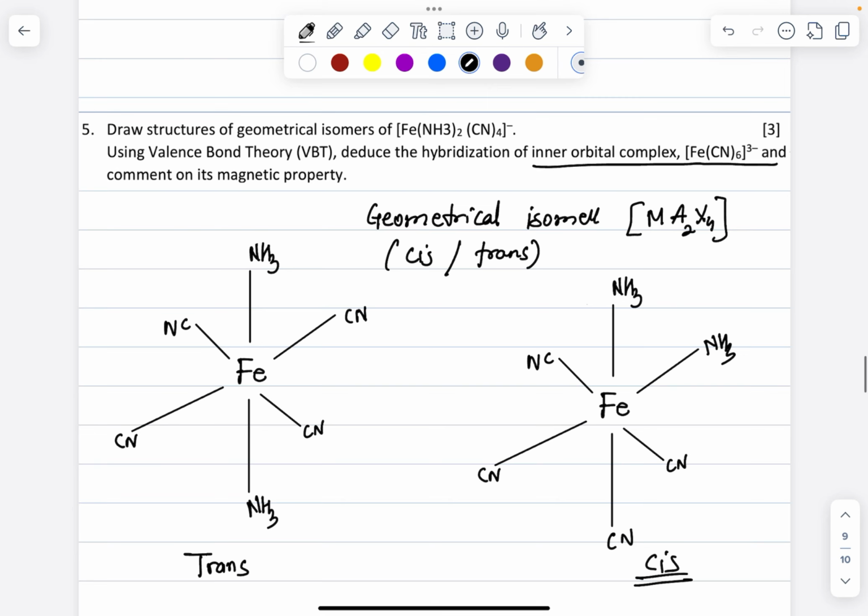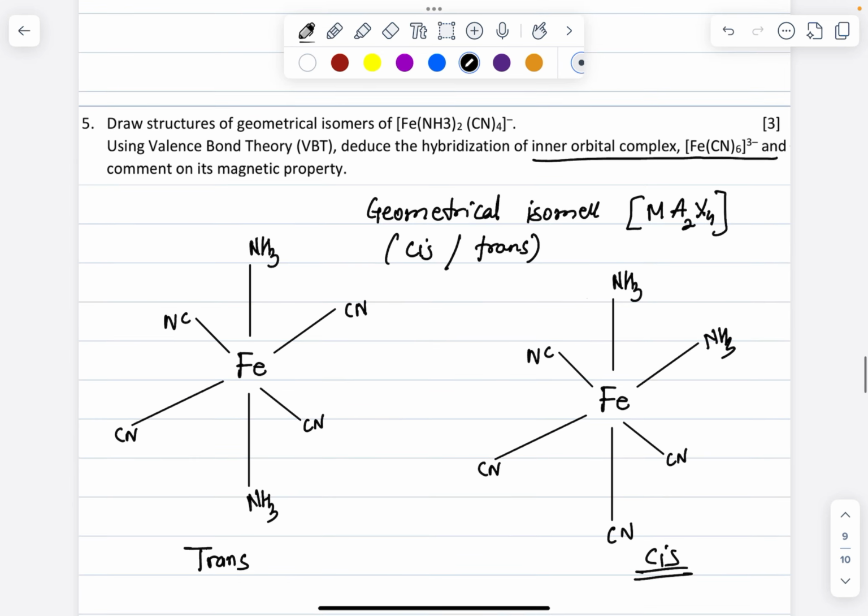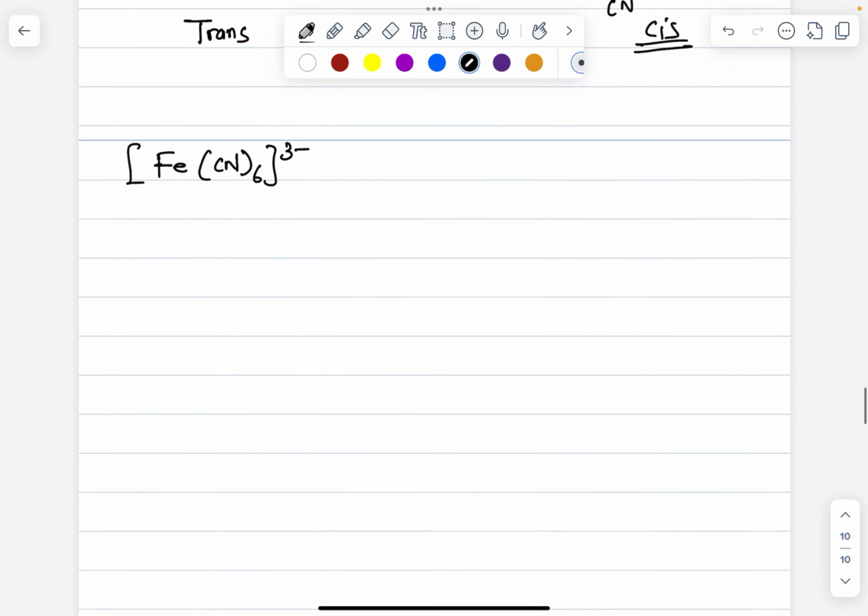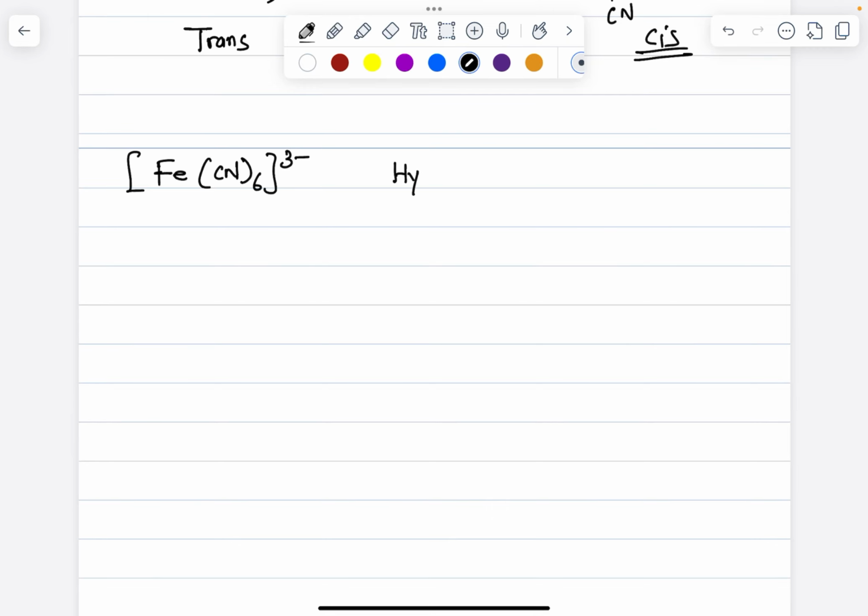Also, they have mentioned inner orbital complex. Hybridization and magnetic property.